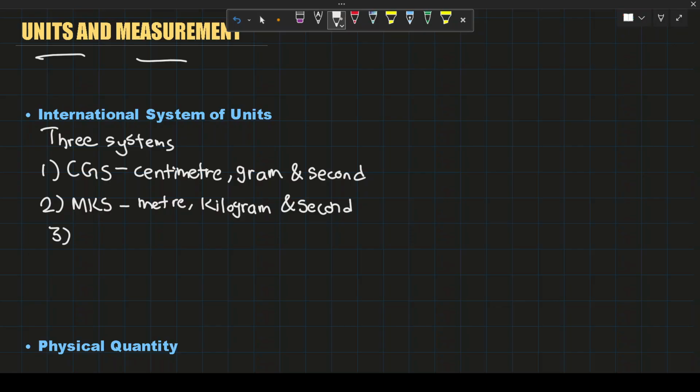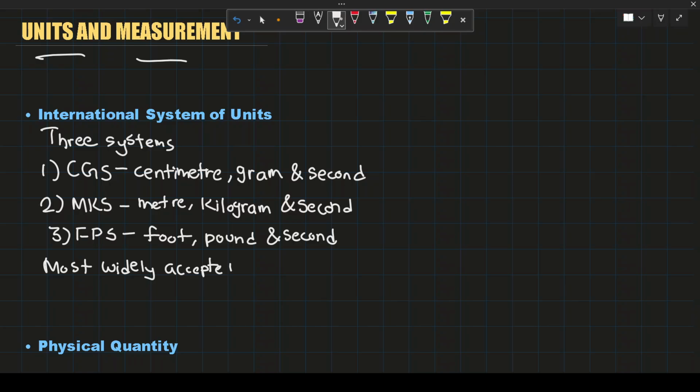And the third being your FPS, which is foot, pound, and second. But currently the most widely accepted system is your SI unit.